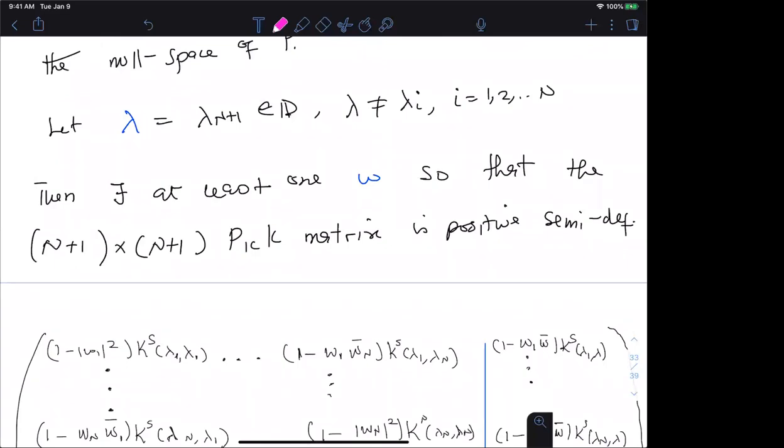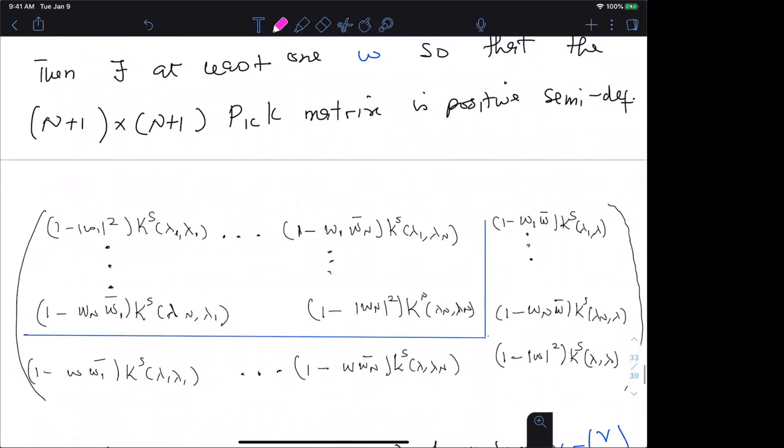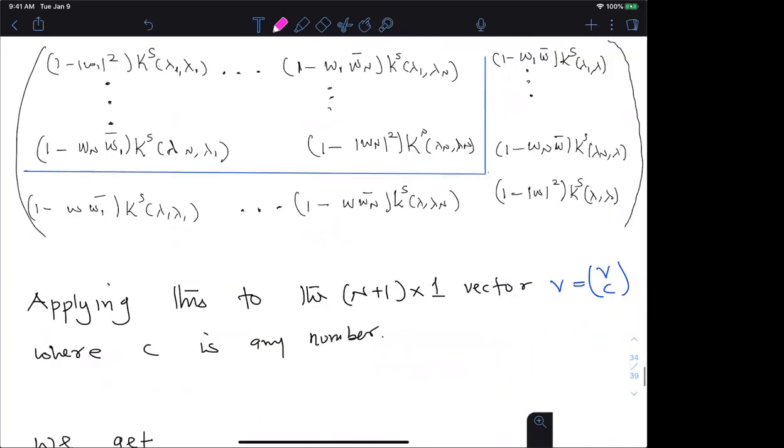Then he augments the new lambda and new omega to get a new Pick matrix, and uses the idea that the vector is in the null space, that phi is an interpolating function, and that the original matrix is positive semi-definite.